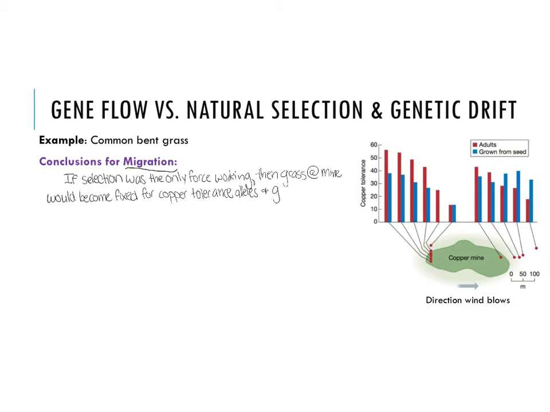And grass away from the mine would have no tolerance, would be fixed for no tolerance. But this is not what we see. Gene flow prevents this from happening.